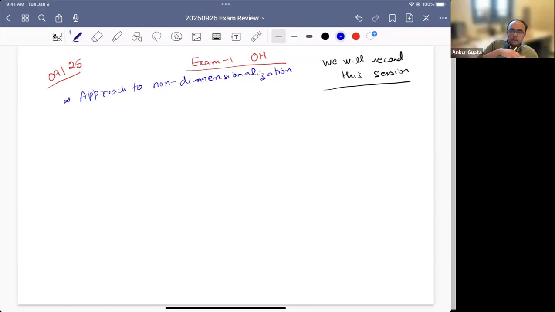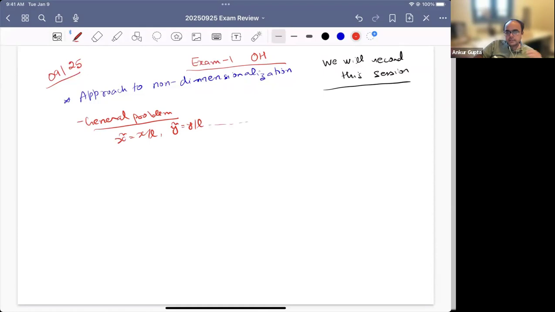Okay, so in general, for a general problem, typically you would pick a length scale, such as L, and say x tilde is equal to x by L, y tilde is equal to y by L, and so on.